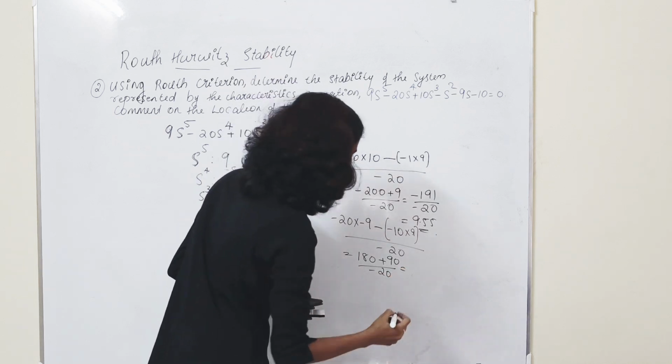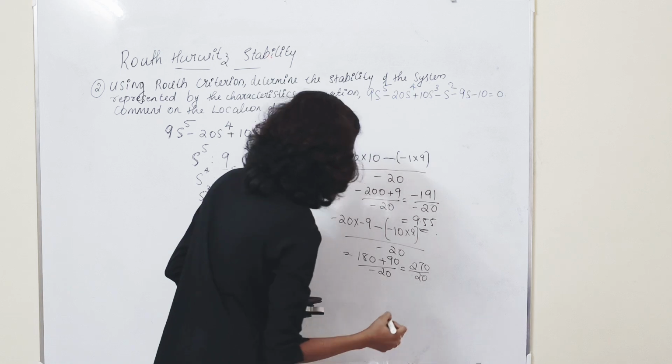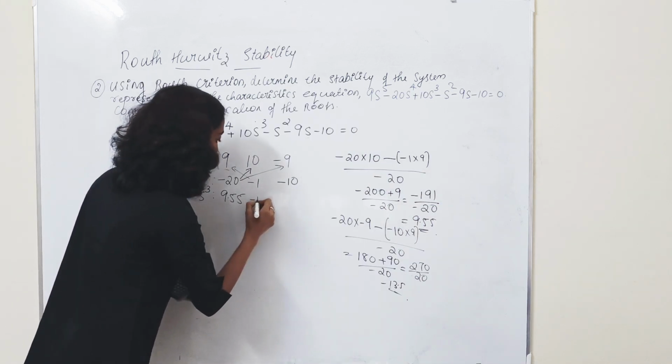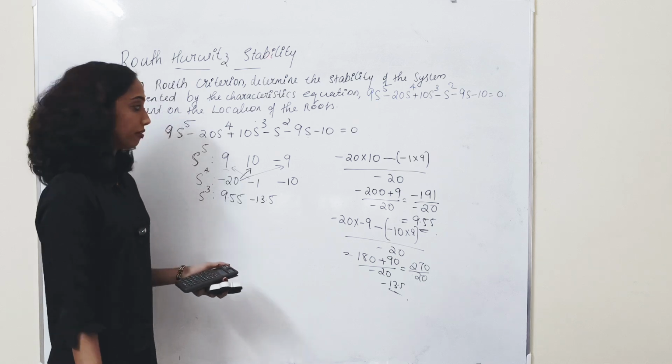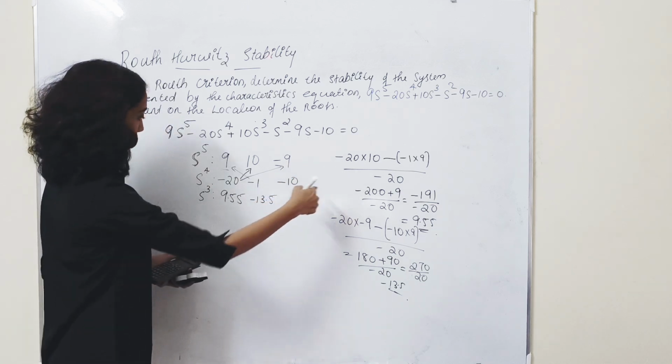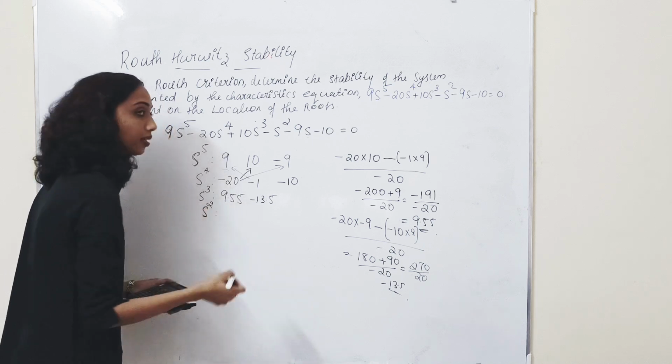It's 180, 270. 270 by 20 is minus 13.5. Okay, minus 13.5. We have no other values right here, so we can proceed by taking s raised to 2, s square.